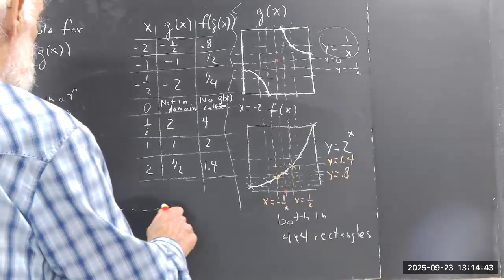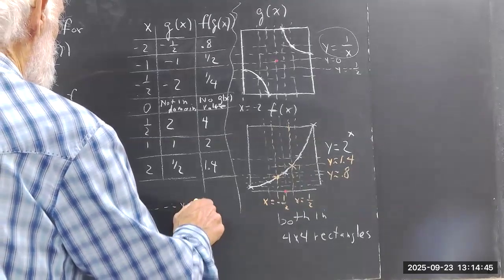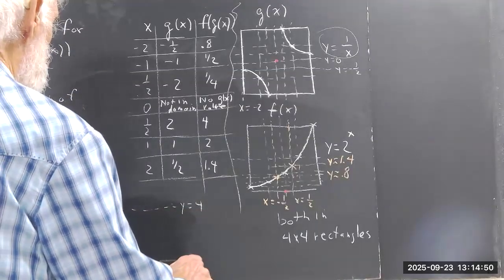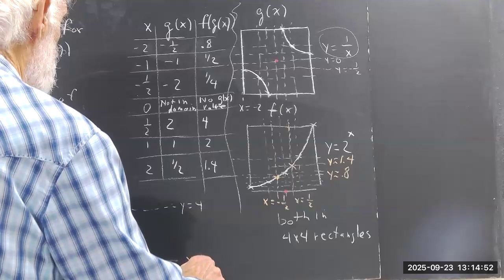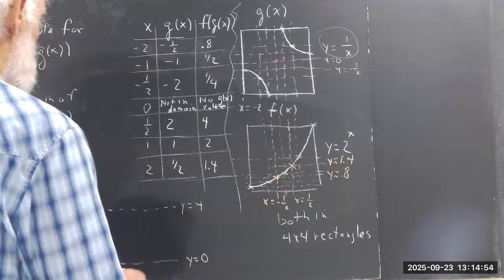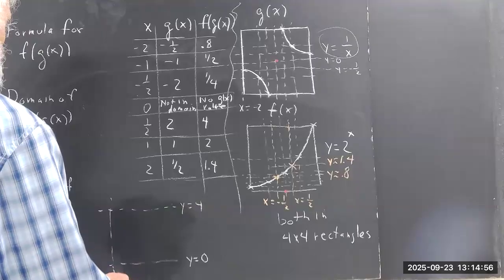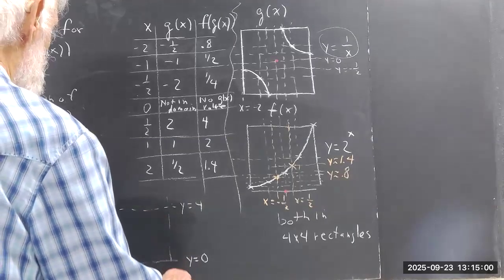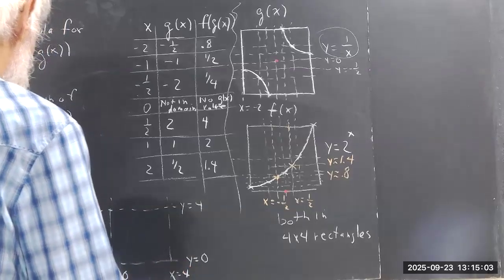Graph rather quickly. Here's y equals 4. Here's y equals 0. Here's x equals 0. X equals 4.